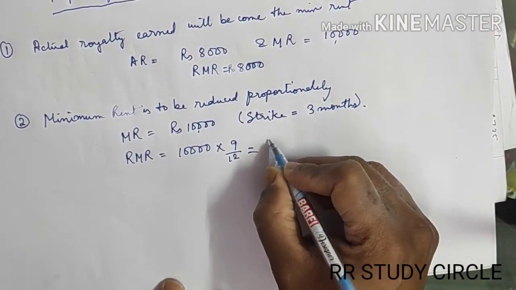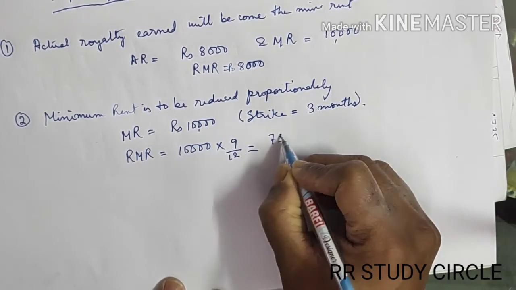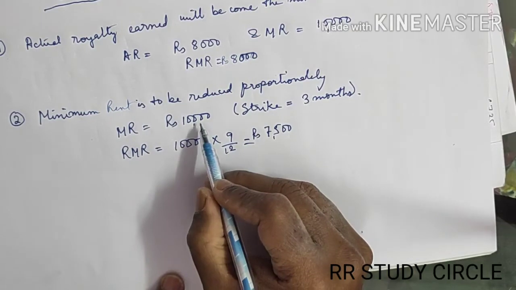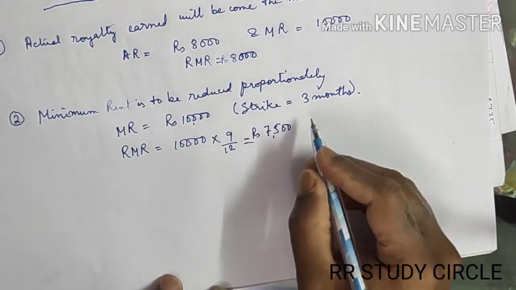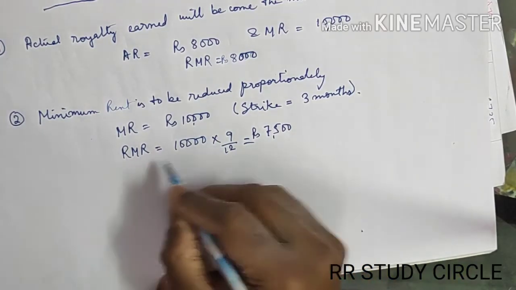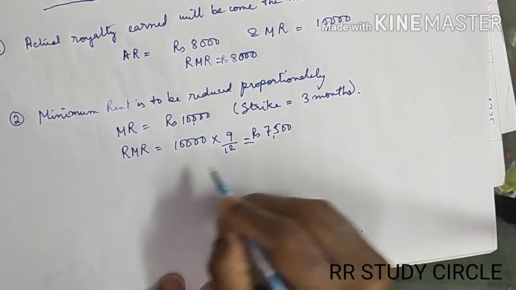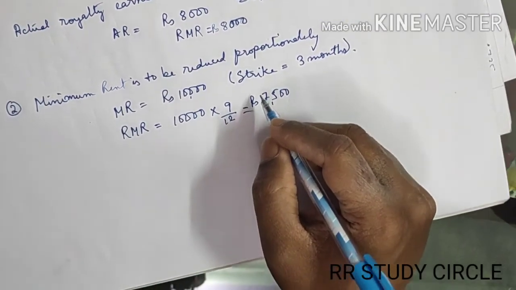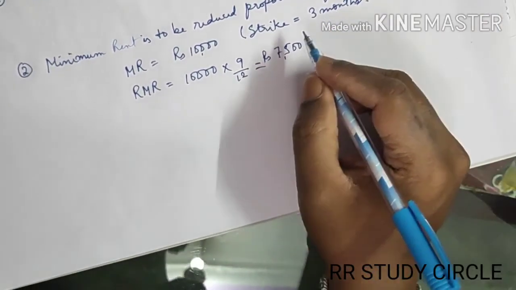So it comes to rupees 7,500. Earlier the minimum rent was rupees 10,000, and as the strike has taken place for 3 months, it has been reduced to rupees 7,500. I hope the second point is also clear.